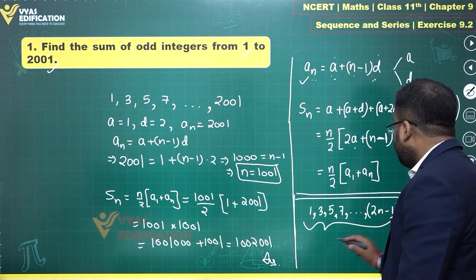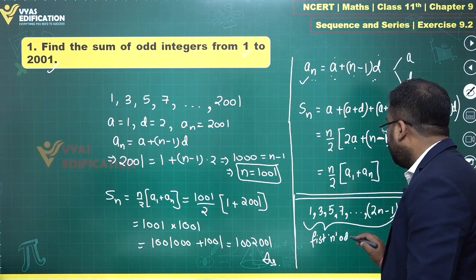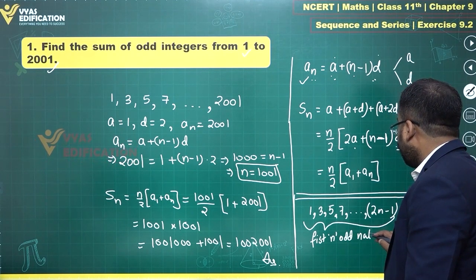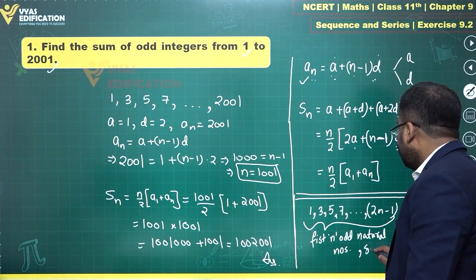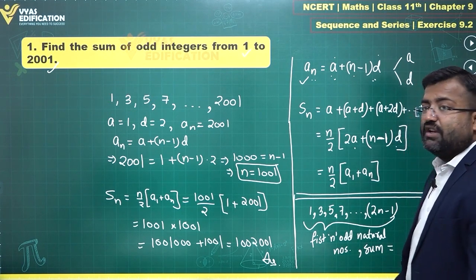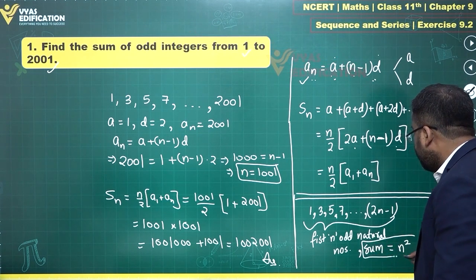If you have first n odd natural numbers, sum of these first n natural numbers is simply equal to n square. This is something which you can remember.